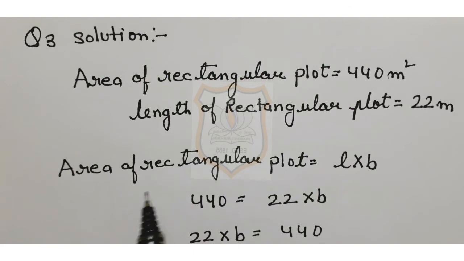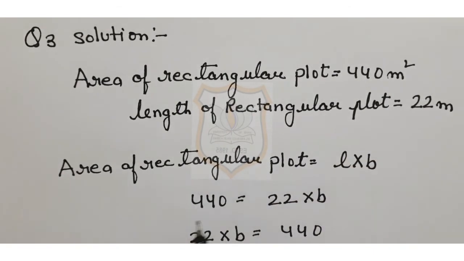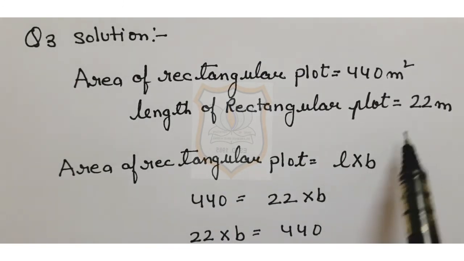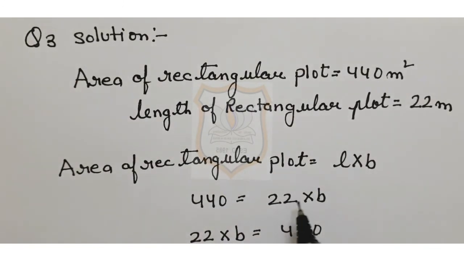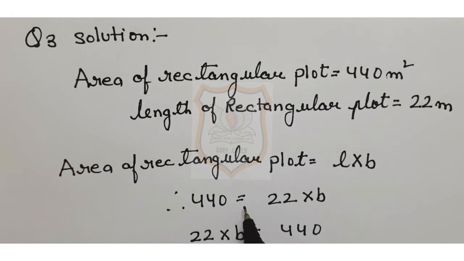To find it, the formula of area is length into breadth. Here the area of the rectangular plot is 440. So in place of this, we will write 440 is equal to, in place of length, we will write 22 meter. And we have to find out the breadth. Therefore, 440 is equal to 22 into B.